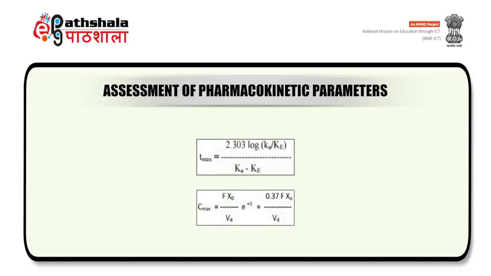This rate can be obtained by differentiating the equation, and at peak concentration the equations to obtain Tmax and Cmax are given as Tmax is equal to 2.303 log(Ka/Ke) upon Ka minus Ke, and Cmax can be calculated as FX0 divided by Vd e to the power minus Ke t, which is equal to 0.37 FX0 by Vd.